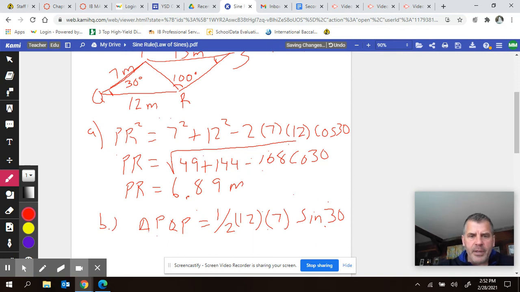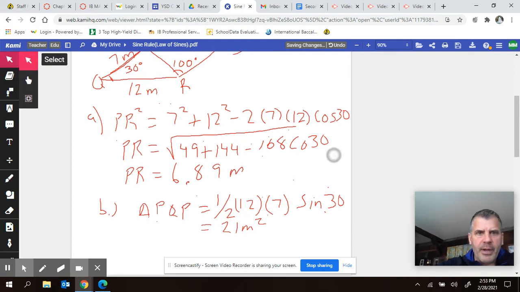The area of this triangle is found using that formula that we got in the previous sections. If you calculate that out, this one works out to be a pretty nice number, I think 21 meters squared. So this one's an exact value. Okay, there's the setup so far.